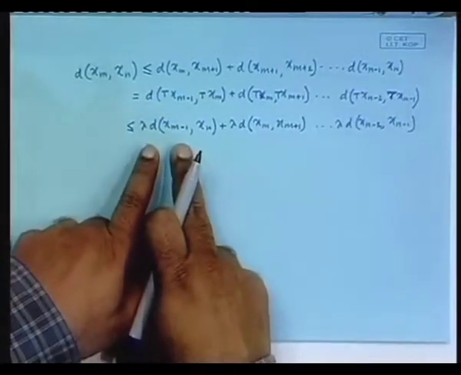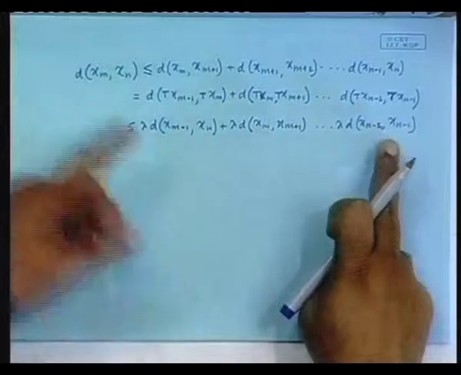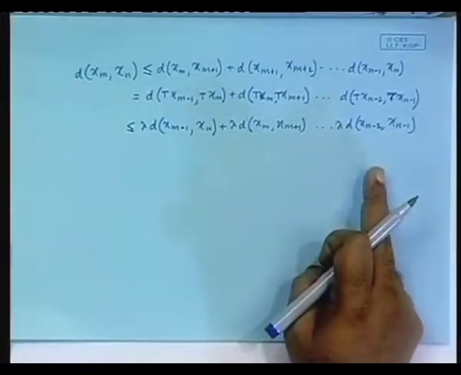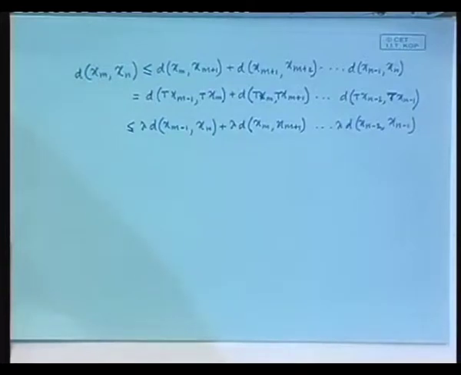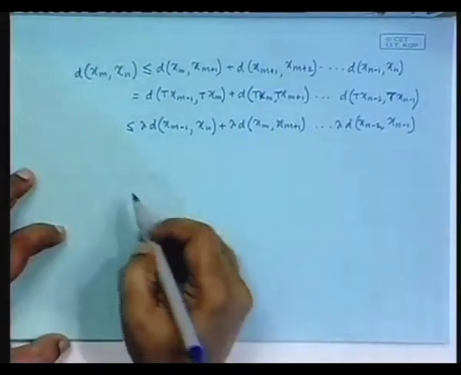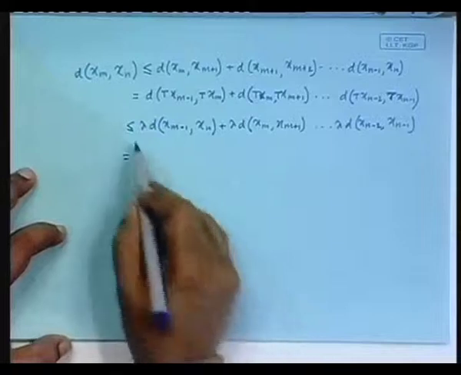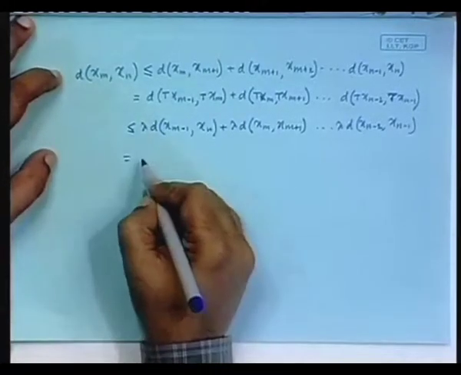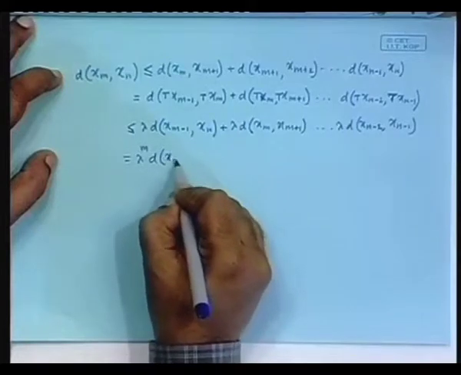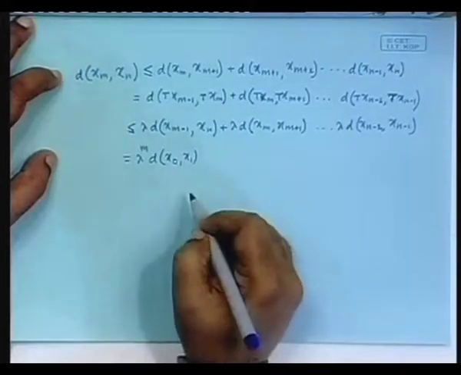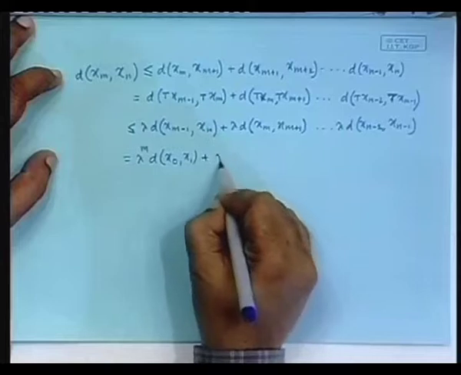If you go by that logic, then all these terms can be related to the first distance between x naught and x 1. So, this will be less than or equal to lambda to the power m, the distance between x naught and x 1, plus lambda to the power m plus 1 d of x naught x 1, and go on, you ultimately get lambda to the power n plus 1 d of x naught x 1.